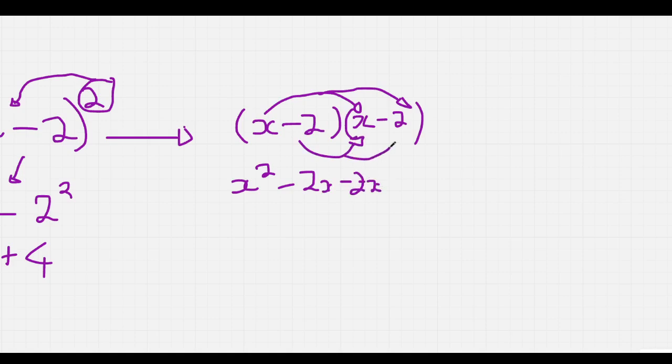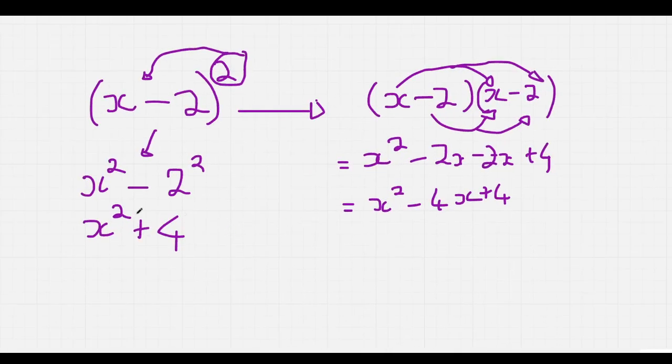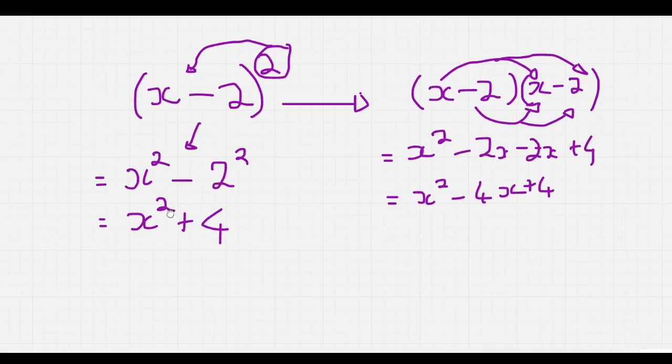And then minus 2 times minus 2, which becomes plus 4. This simplifies to x squared minus 4x plus 4. We can see that these are two very different answers, and we want to be careful. This is correct, this is not. So it's good to get into the habit.